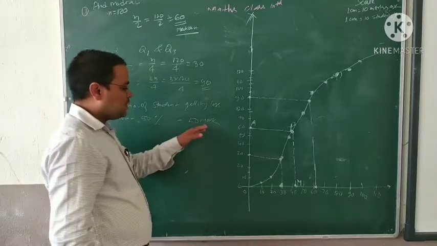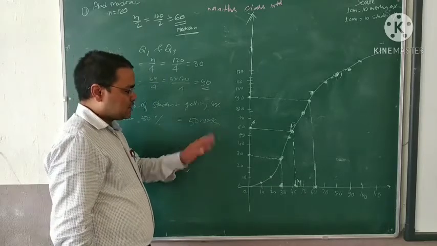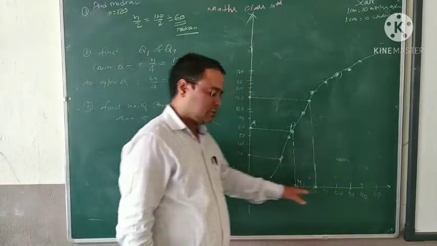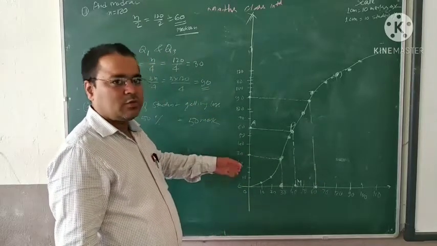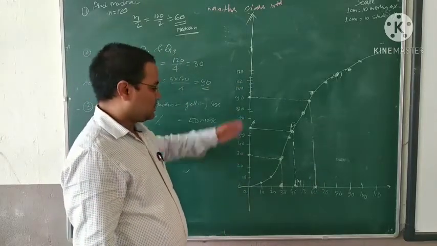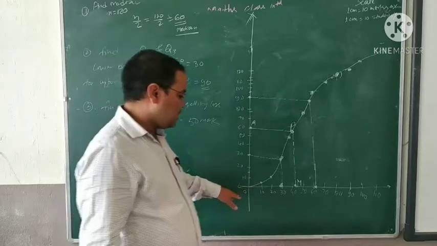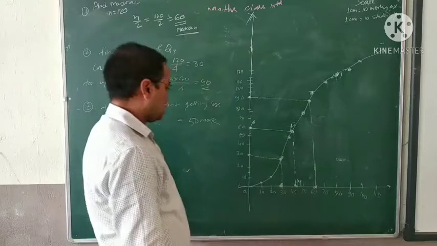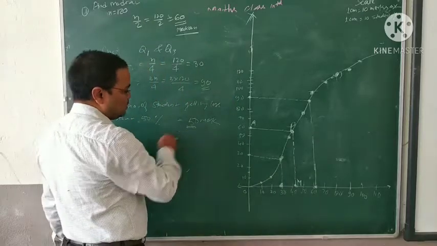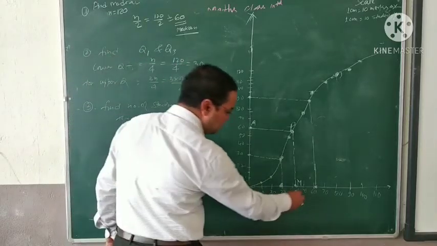And where are we getting marks? The marks are here on this x-axis. This is the number of students, cumulative frequency, on the y-axis, and here number of marks on x-axis. So here 50 marks. We take where 50 is given, here 50.